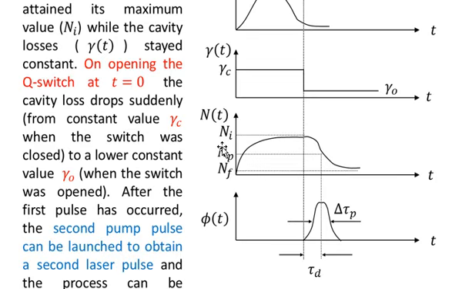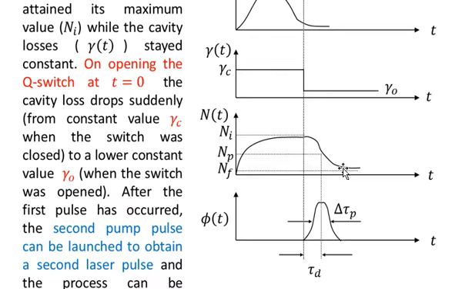So Np is the inversion which corresponds to the peak value of the pulse. And after the inversion has fallen to the value Np, the inversion is not enough to contribute further photons in the cavity.